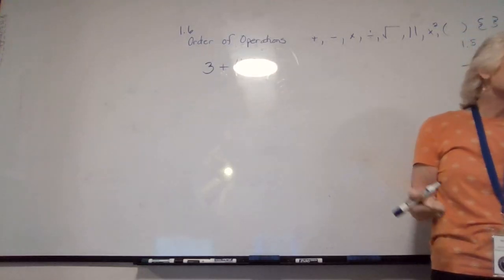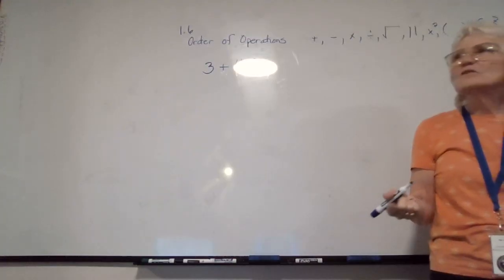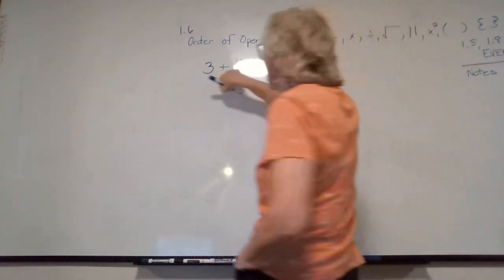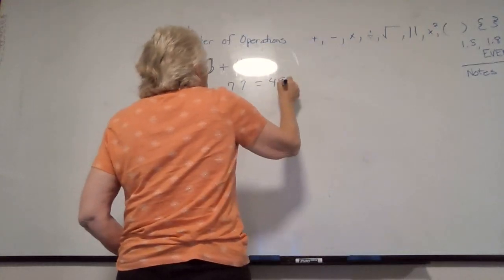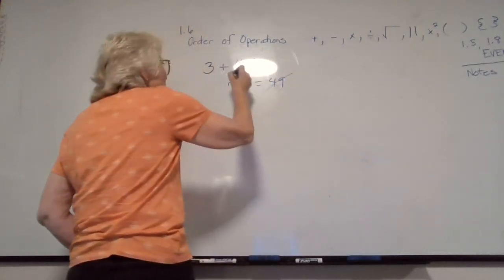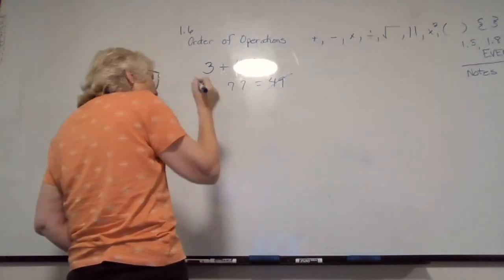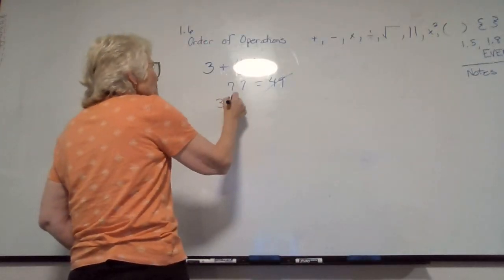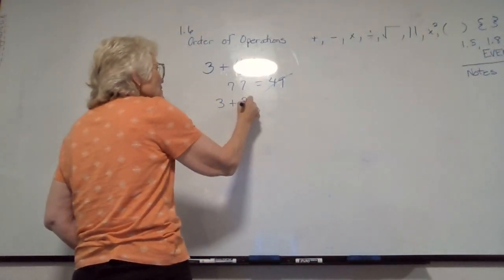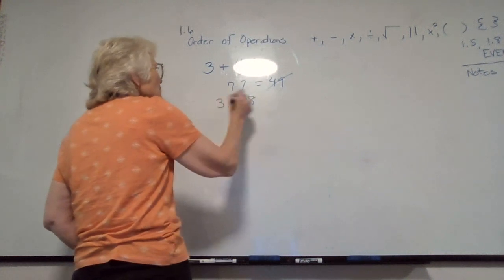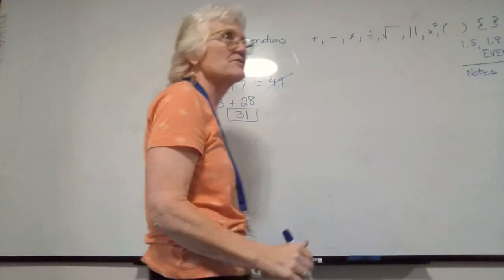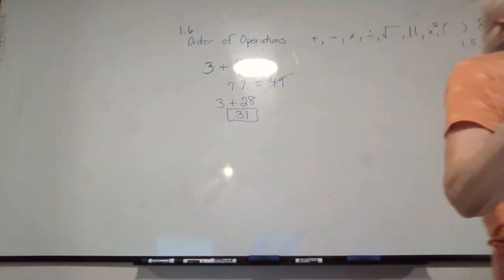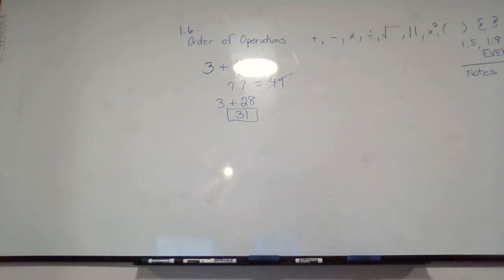It doesn't always work that way. Okay? So if somebody just read this going left to right, this would be 7 times 7, which is 49. But that's actually not correct because our order of operations says do 4 times 7 first, which is 28. 3 plus 28 is 31. That's our actual correct answer because we followed the rules of order of operations.